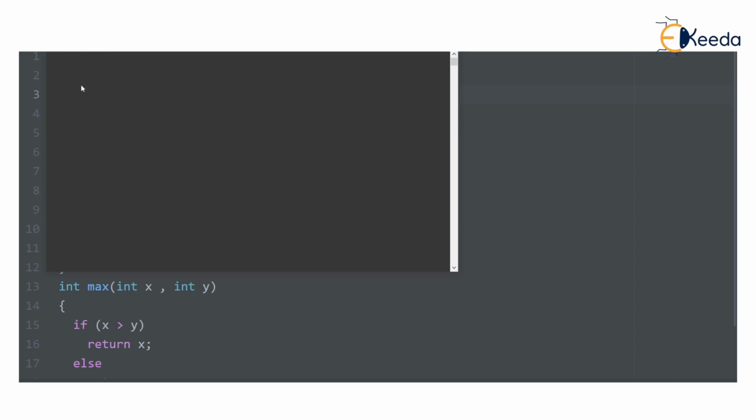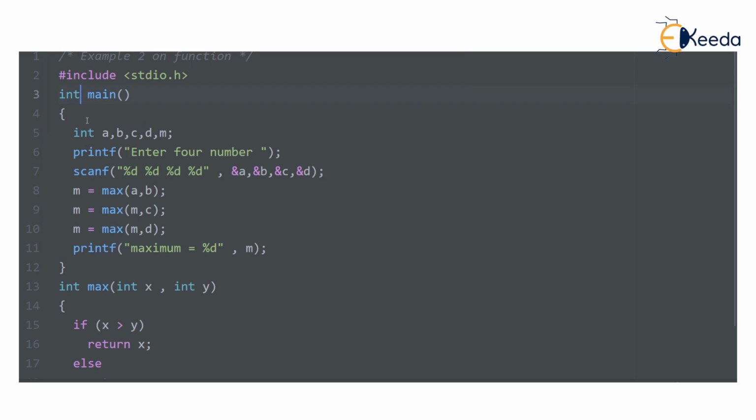Oh, it runs. It has not given an error this time. I hope you are following this video properly, and this runs and prints the maximum of 4 numbers. What's going on? I said that if you define the function below the call, then you have to declare it above main. But there is a twist in this particular discussion.